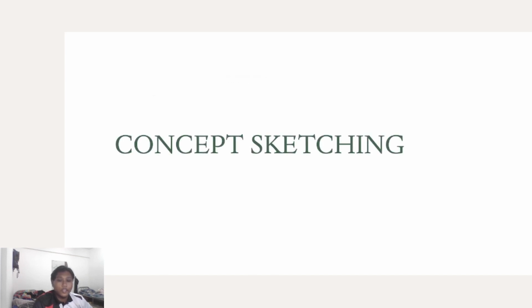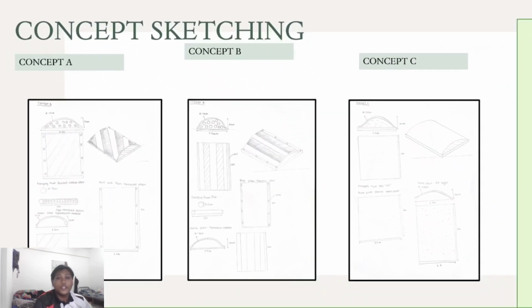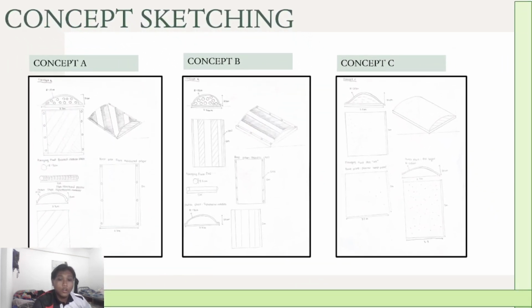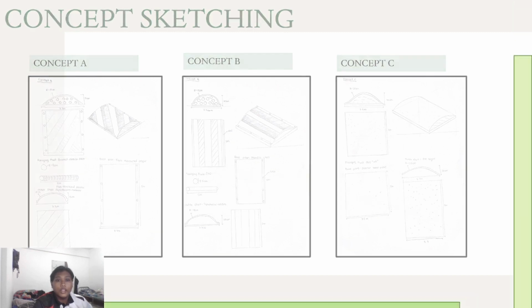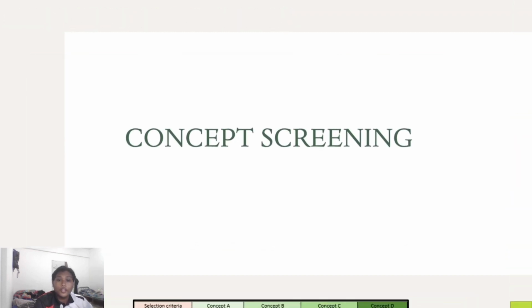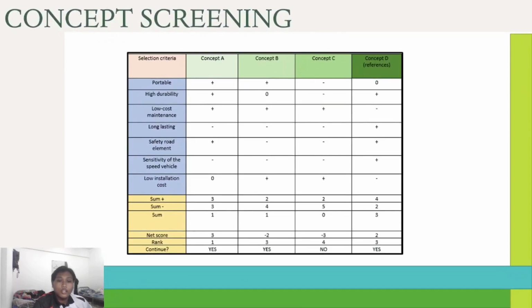Next is concept sketching. From the three patterns, we made three concept sketches: concept A, concept B, and concept C, which all have different sizing, different material, and different type of work. Let's go for the concept screening. Concept screening is used to see which is the best concept to proceed to concept scoring.